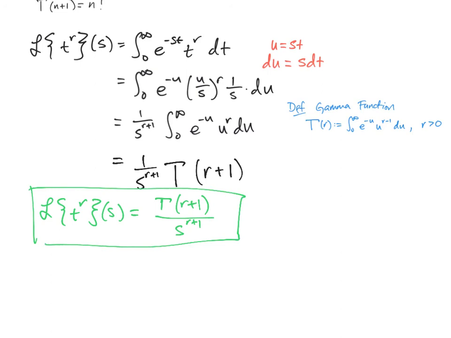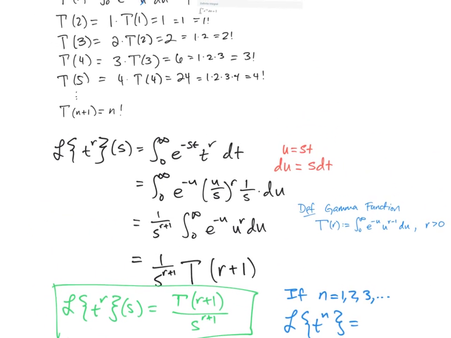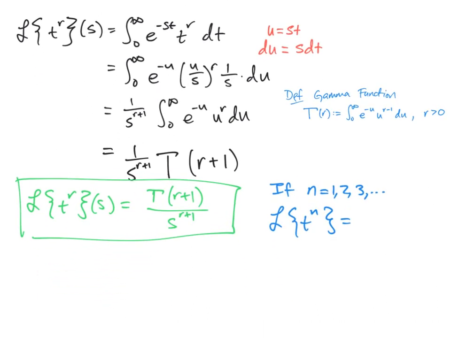And note that if n equals 1, 2, 3, etc., then the Laplace transform of t to the n equals gamma of n plus 1, which equals n factorial, just like we had before.